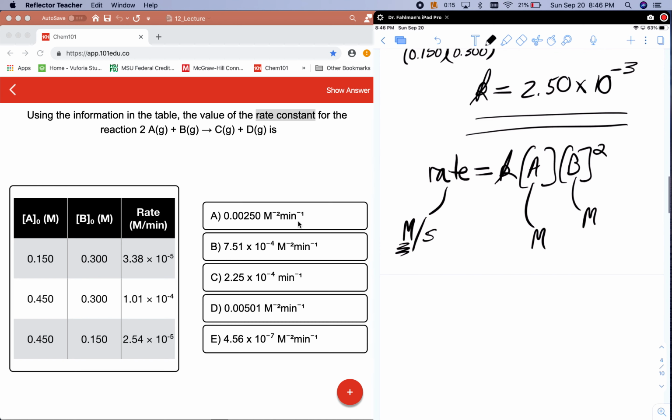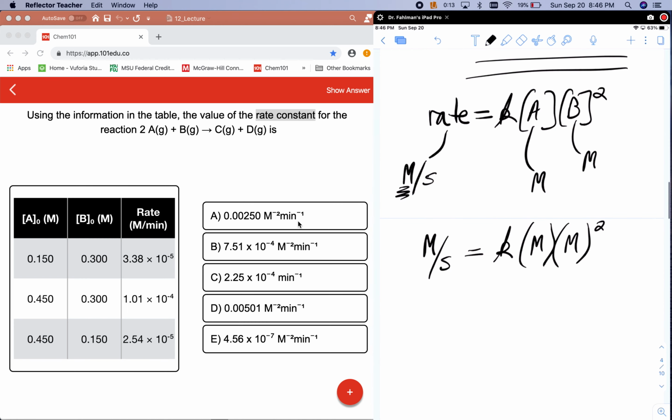And so if we carry this through, we've got M divided by s is equal to k, and then we've got an M, and then another M squared here. So that's k times M cubed.